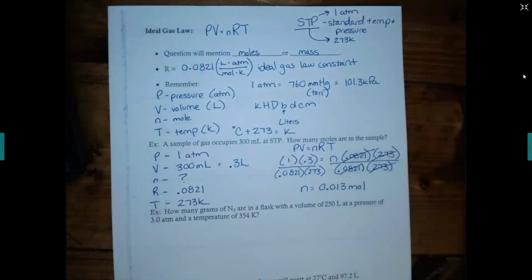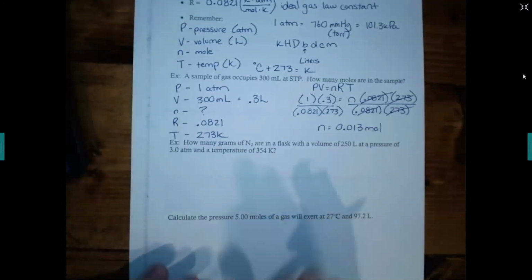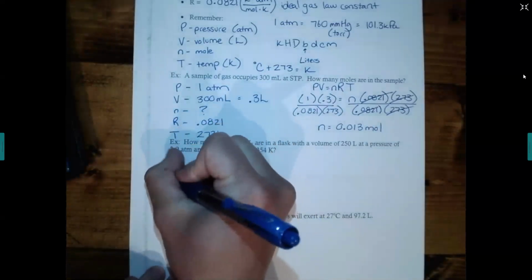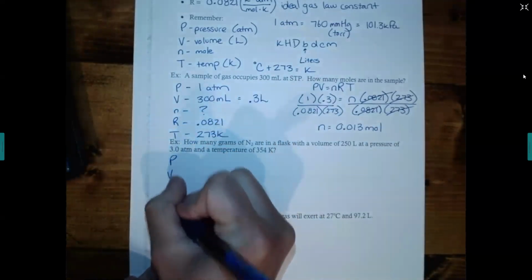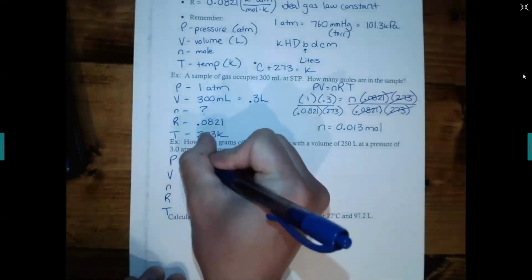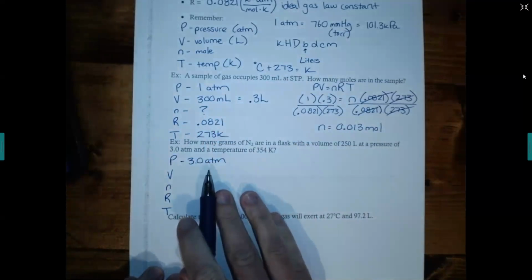All right, moving on to our next problem. How many grams of nitrogen are in a flask with a volume of 250 liters at a pressure of 3 atmospheres and a temperature of 354 Kelvin? So once again, let's list out all our variables. For pressure, we have 3 atmospheres. It's already in atmospheres, so I can leave it alone.